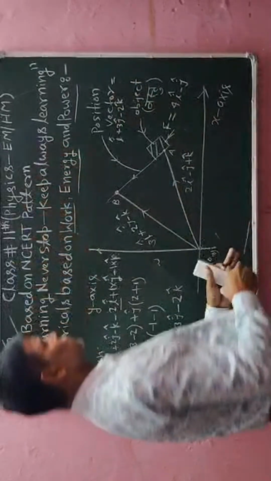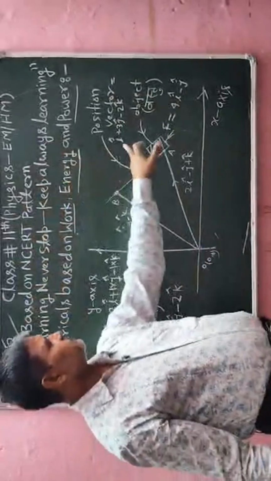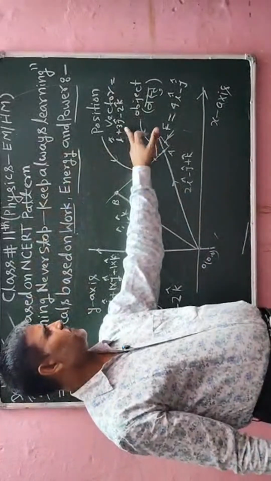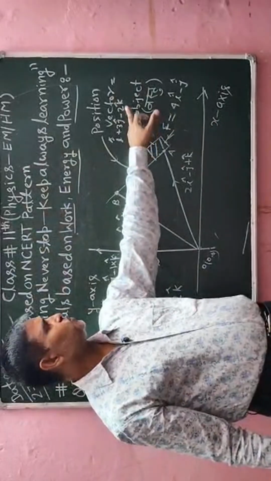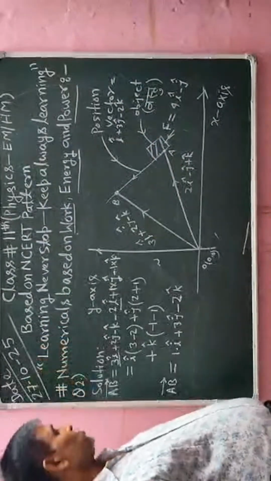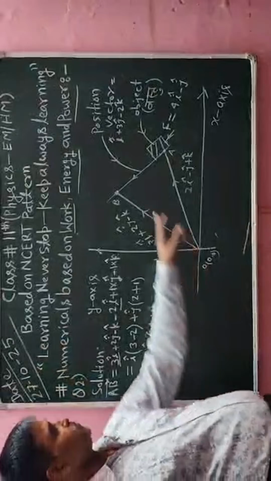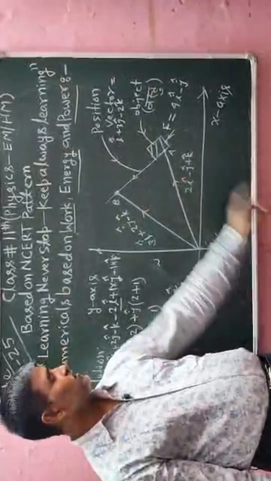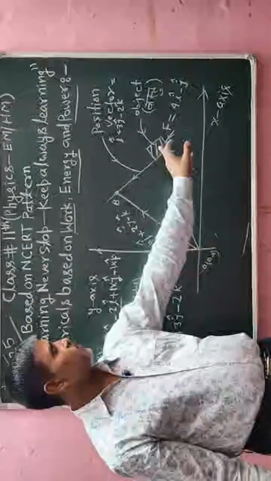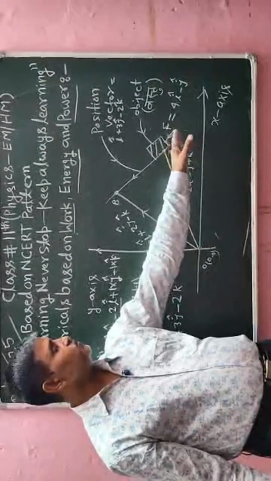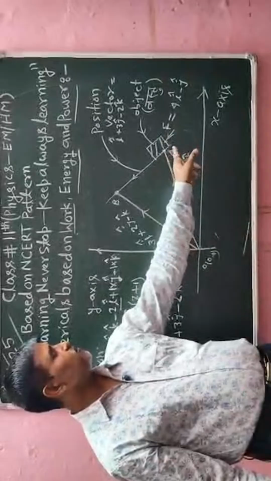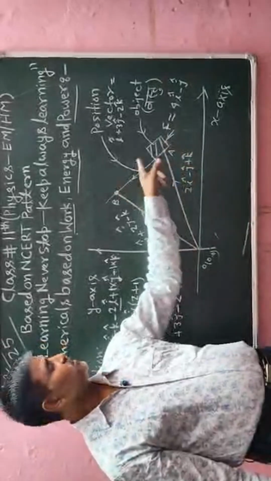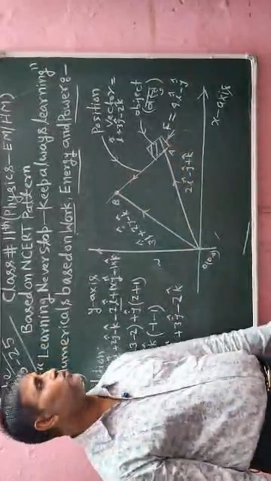So the position vector I can write as vector i cap plus 3 vector j cap minus 2 vector k cap. Okay, so I have got this position vector. Now we have to calculate the work done when this force is applied on this object, and with this force the object is moving from point A to B. That work done we have to calculate.